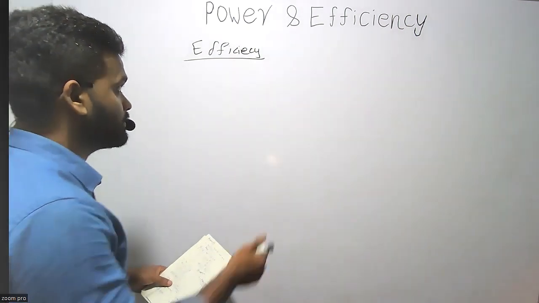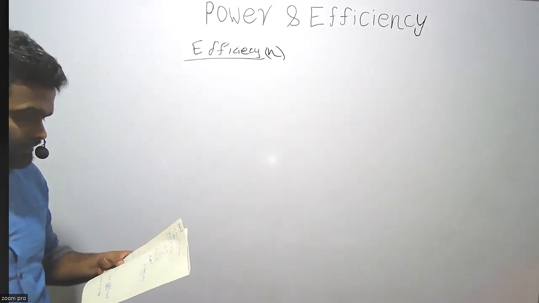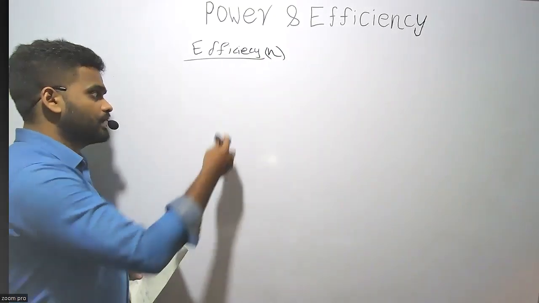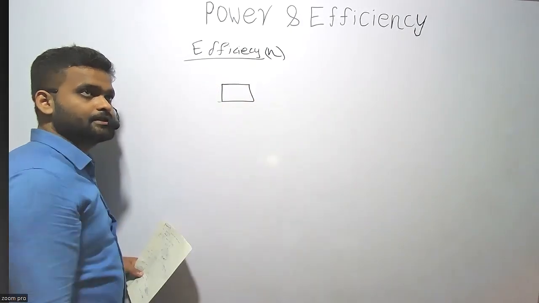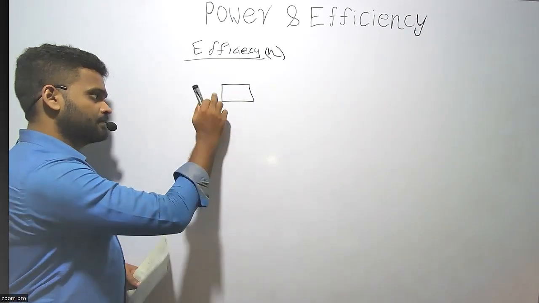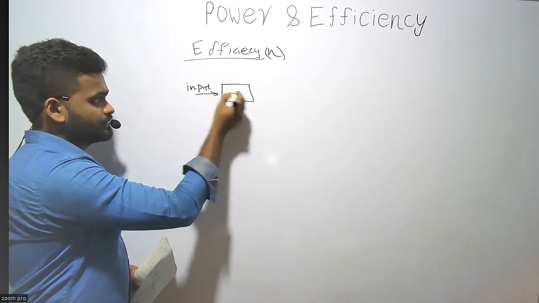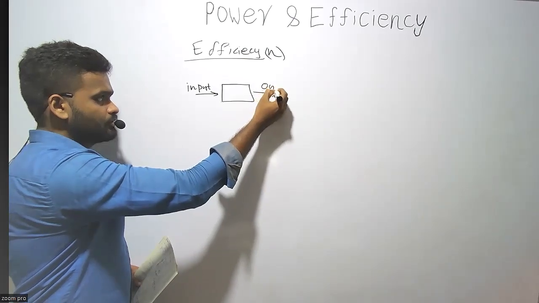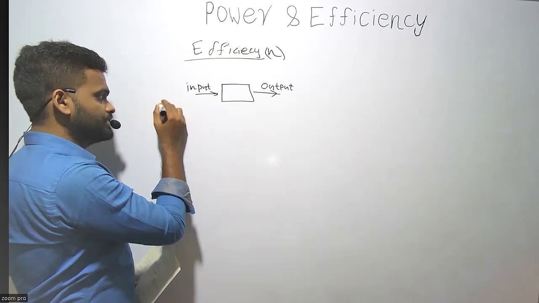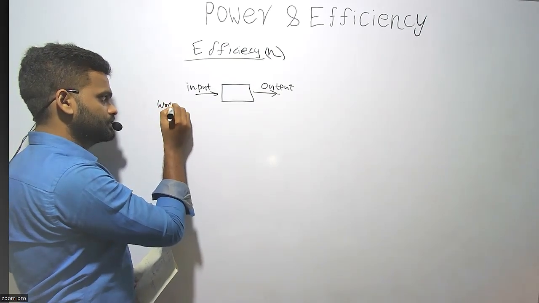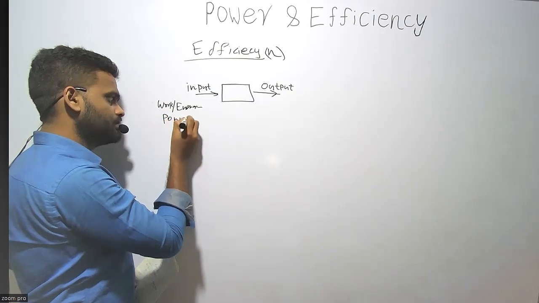So efficiency and power are two completely different things, right? Let's say this is a system, or we can consider this to be a machine. If you provide energy to that, you get an output from this. This input can be work, energy, or power.